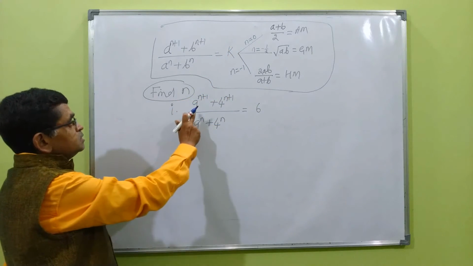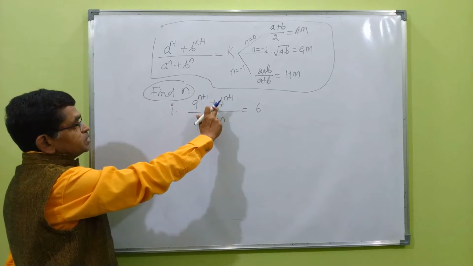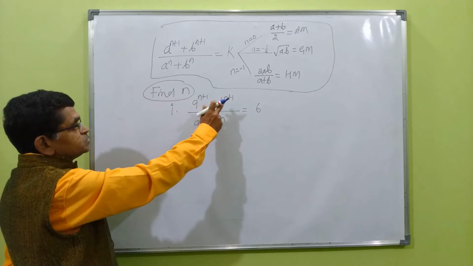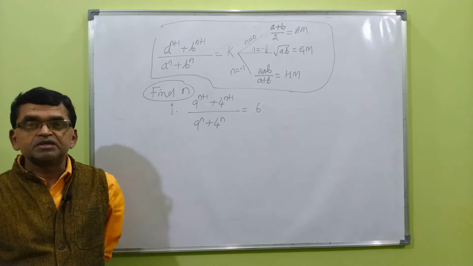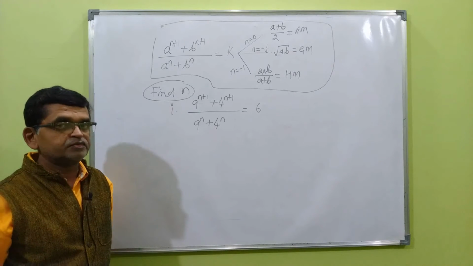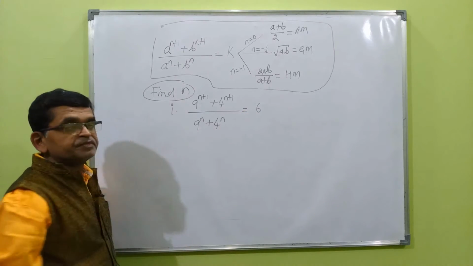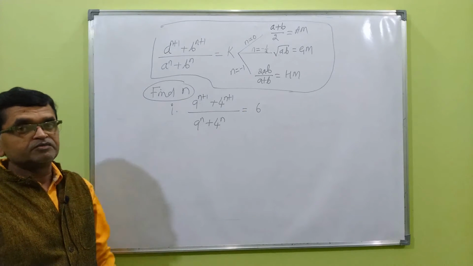So here 9 raised to n plus 1 plus 4 raised to n plus 1 divided by 9 raised to n plus 4 raised to n is equal to 6 is given. You are asked to find the value of n.